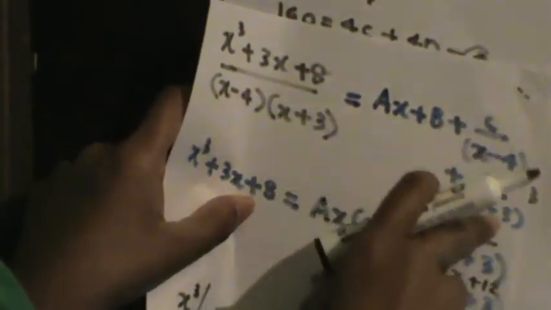Now, as I mentioned in the last video, I'll substitute the values of a, b, c and d here to make these partial fractions. So the given fraction on the left hand side, x cubed plus 3x plus 8 divided by x minus 4 times x plus 3, is equal to ax plus b.